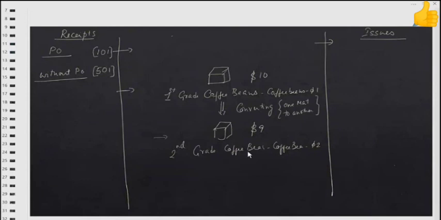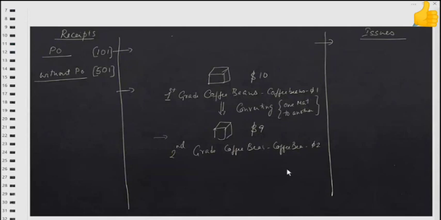We are saying 100 pounds of coffee beans of first grade material coffee beans 01 being converted to another material, second grade coffee beans 02. That means if you are converting 100 pounds of coffee beans 01, they will be gone out of the inventory. It will vanish and it will be recreated as coffee beans 02.